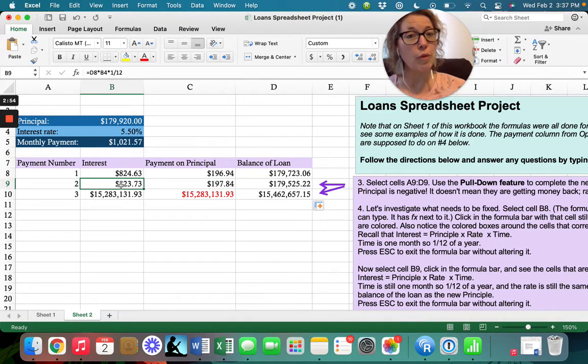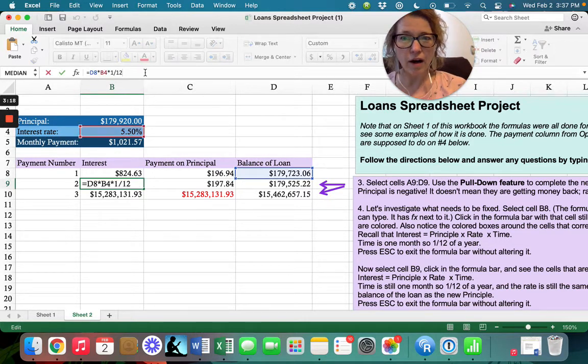Now remember, when you do a pull down on Excel, Excel is doing its little program's best to try to anticipate what you want in that next cell. So obviously it didn't anticipate it correctly and we're going to have to fix it. So this interest formula on payment 2, if I click up in the formula bar, I'll see cells highlighted and it's much easier to understand what's going on.